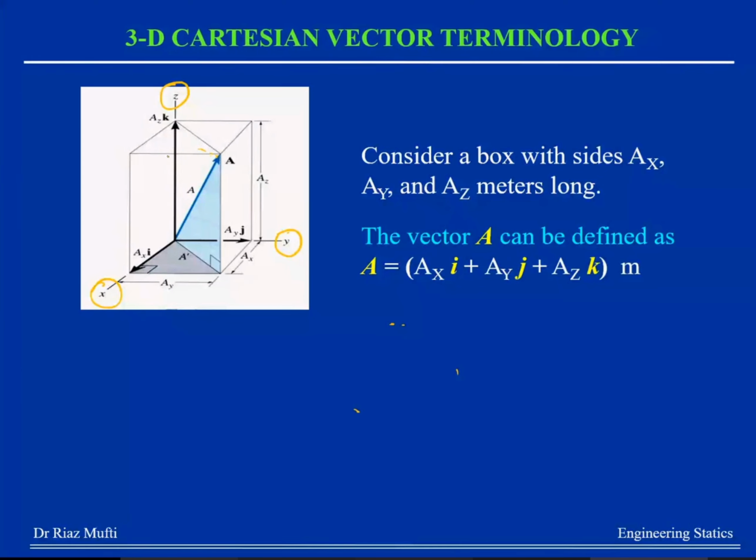I am now going to make 90° with the plane here. This is my XY plane. So I'm going to make a 90° with this plane, which is here. That's my 90°. So this vector here is now A dash.